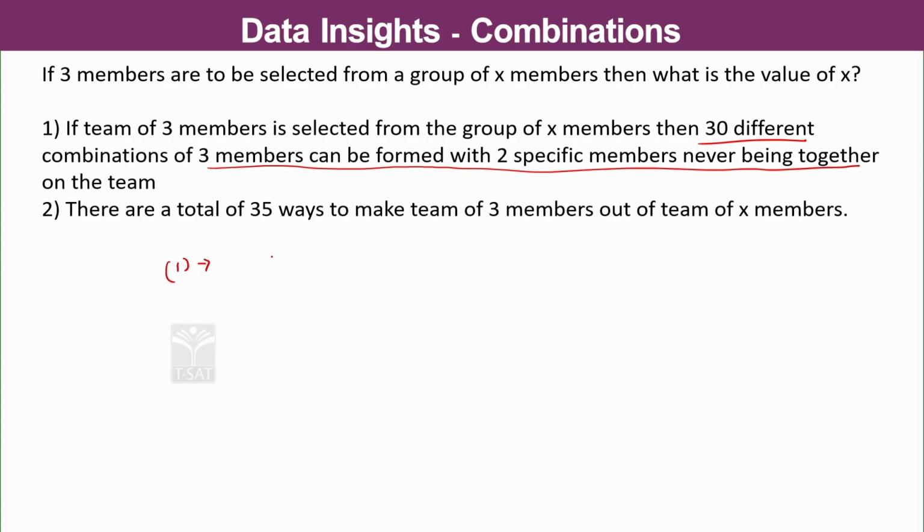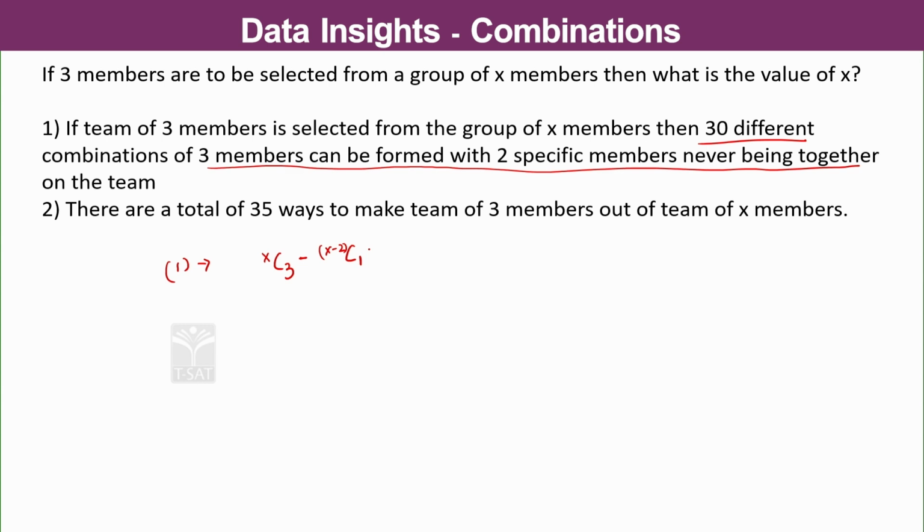First, if 3 members are selected from a total of X, that will be XC3 ways. Now, you remove the number of teams having the 2 specific members together. If the 2 specific members are already selected, you are left with X minus 2 people, out of which you have to select only 1 person because 2 are already selected.